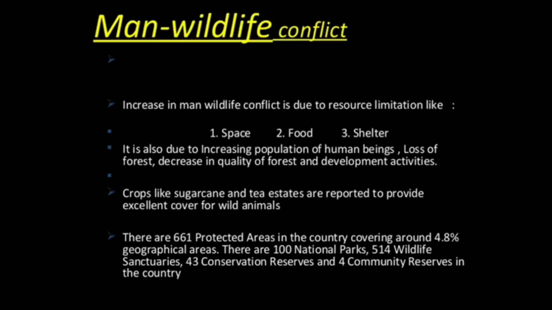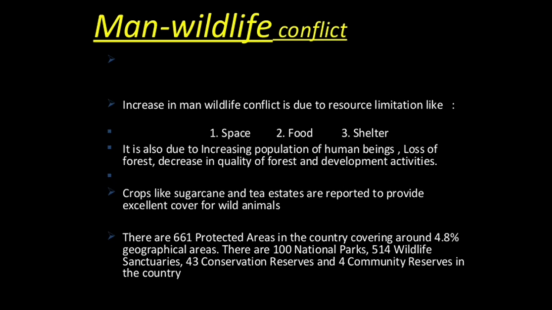Man-wildlife conflict. The increase in man-wildlife conflict is due to resource limitation like space, food and shelter. It is also due to the increasing population of human beings, loss of forest, decrease in quality of forest and developmental activities.